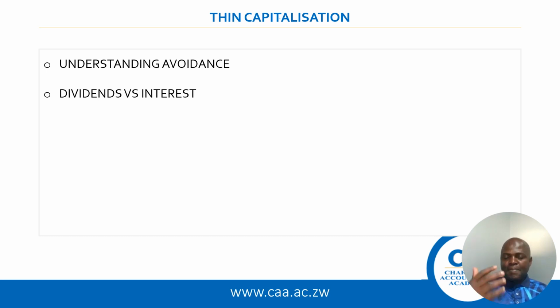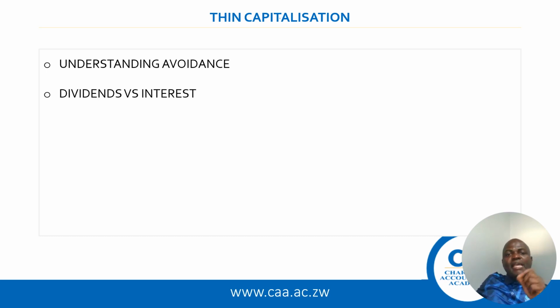In other words, the paying company and the receiving shareholder are not charged tax on the dividend. So the paying company doesn't get an allowable deduction in their jurisdiction. The receiving shareholder will receive the dividend and be taxed in their jurisdiction, or on interest.